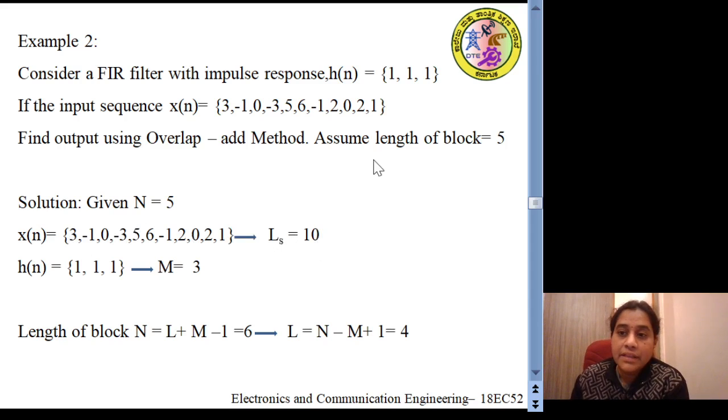Similarly, the given h of n is 1, 1, 1, so there are 3 samples and the value of M is 3. Sorry, they have given the length of block as 6, so we have to consider the value of N as 6. The value of L can be obtained from N: N is 6, minus 3 is 3, plus 1 is 4.